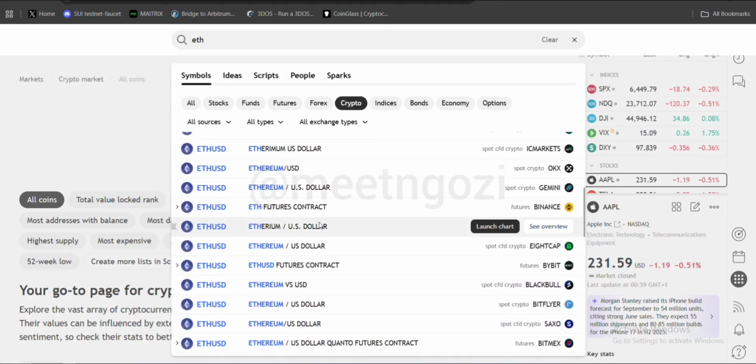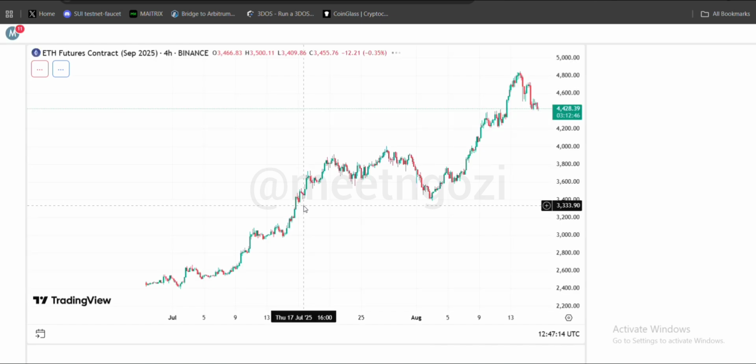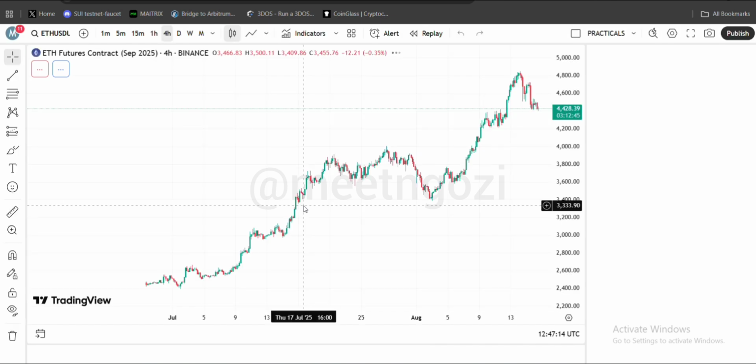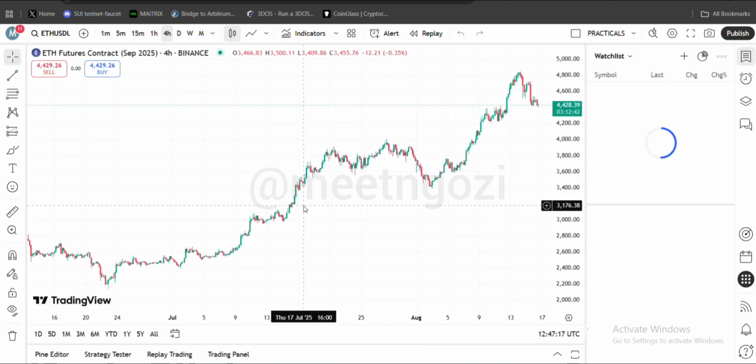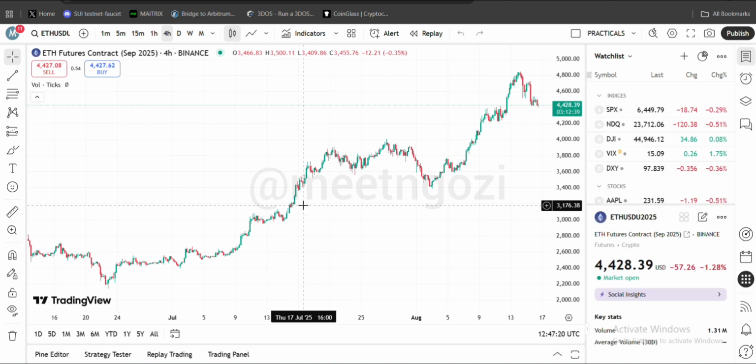So how will you know that the market is changing direction to the downside? You can see the market form a double top, a head and shoulder, or a change of character.